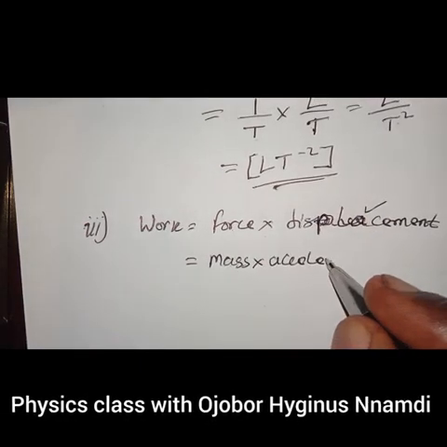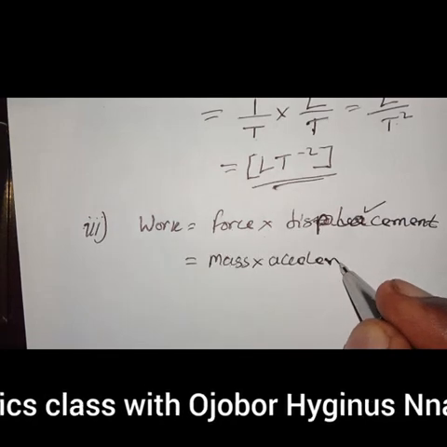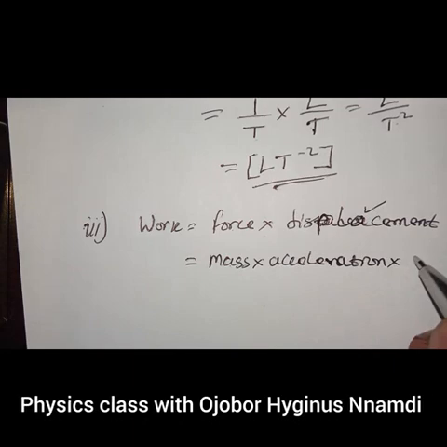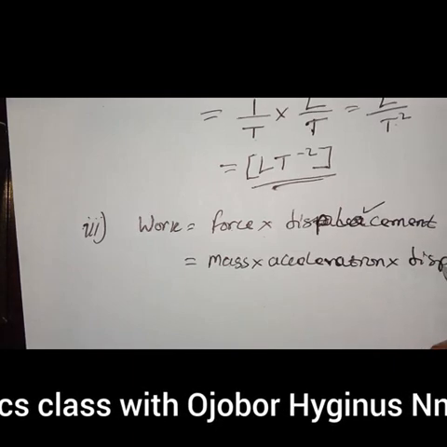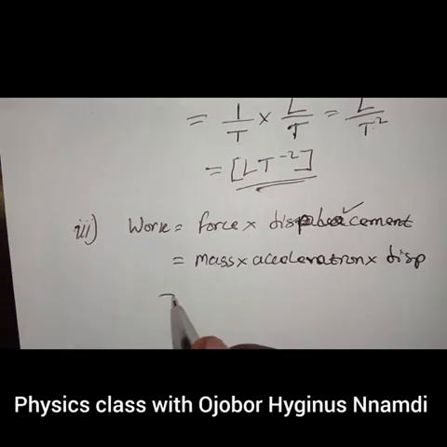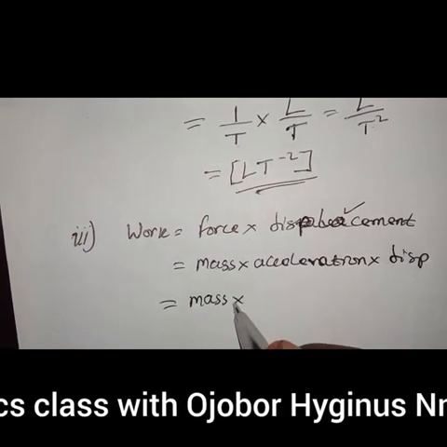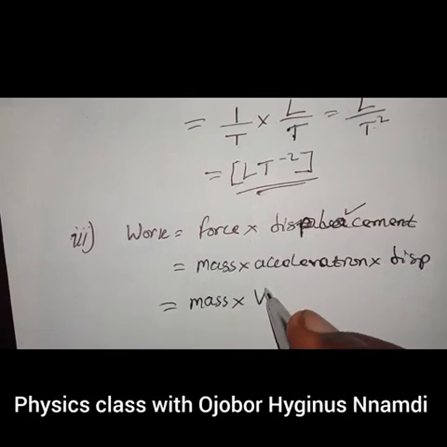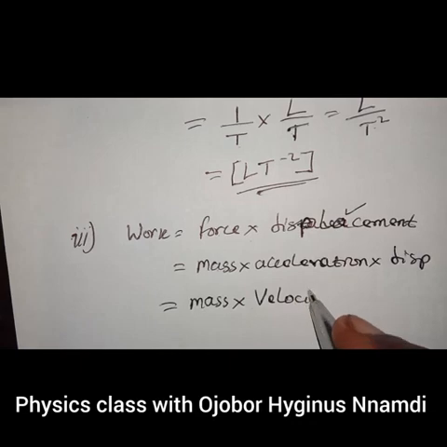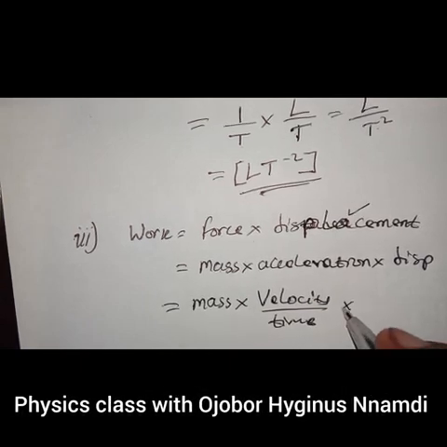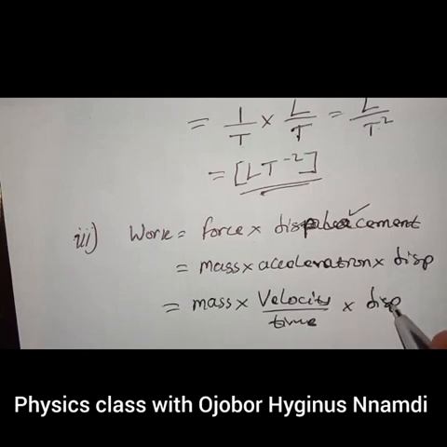But let's assume it's a separate question. Mass times acceleration is force. So write it mass times acceleration, then times this displacement. So this is equal to mass, a fundamental quantity, but acceleration is not. So we break down acceleration as what? Velocity all over time, as we know, then times displacement.